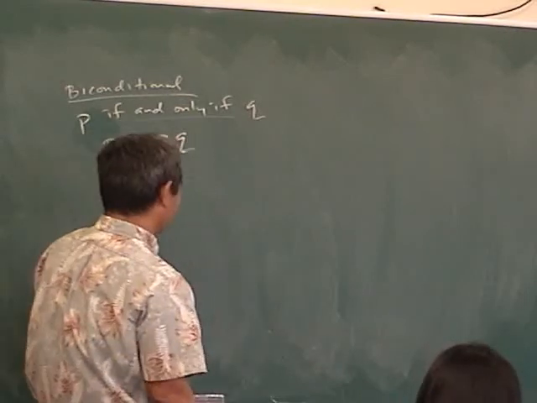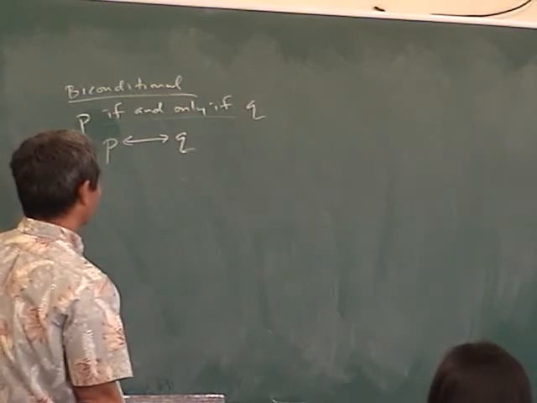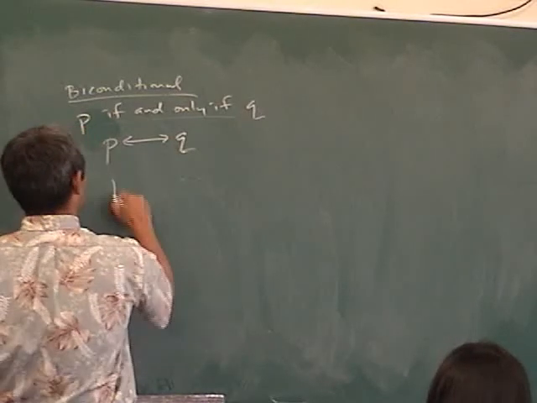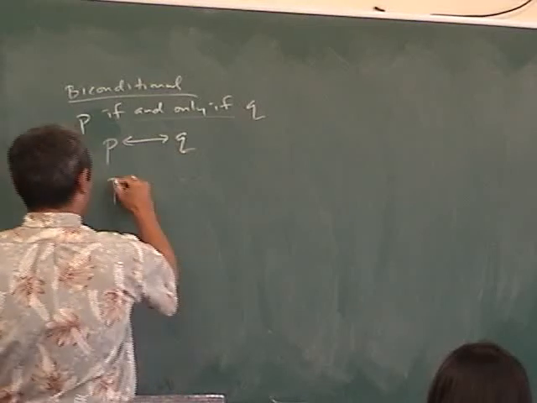So you can kind of see how that is. Before we even do the truth table, where do we see biconditional statements? In fact, the example I gave you, a triangle is equilateral if and only if the three sides are congruent.